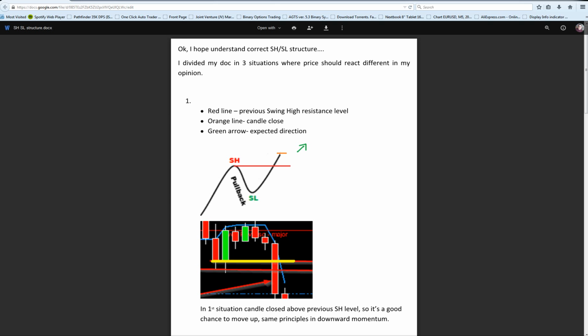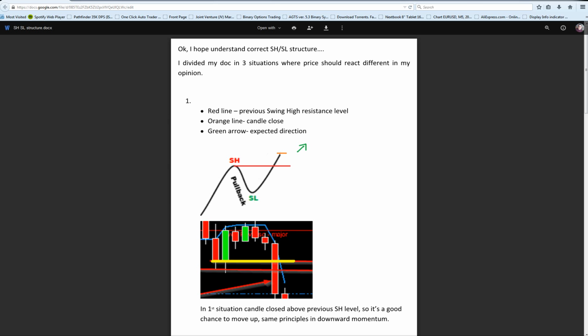Okay, so situation one, and there are three different ones you have with swing highs, swing lows. When price closes higher, and not just breaches and then drops back down, that could be considered, depending on market conditions, a possible run. If you're doing pullback reversal trading, it may not reverse there.